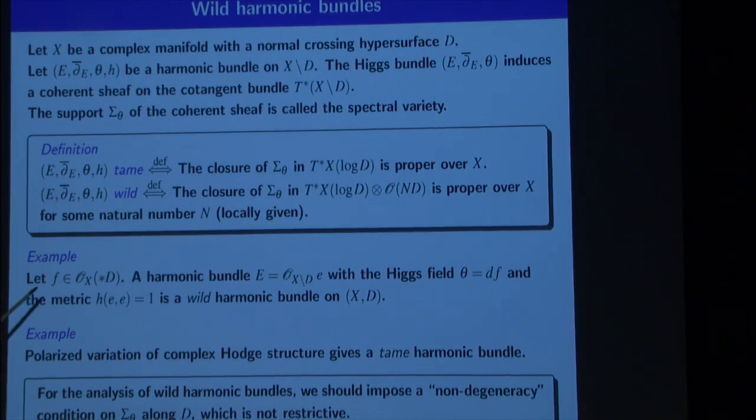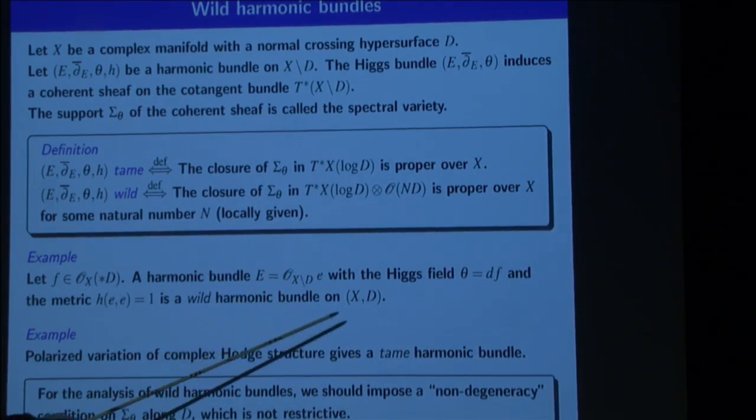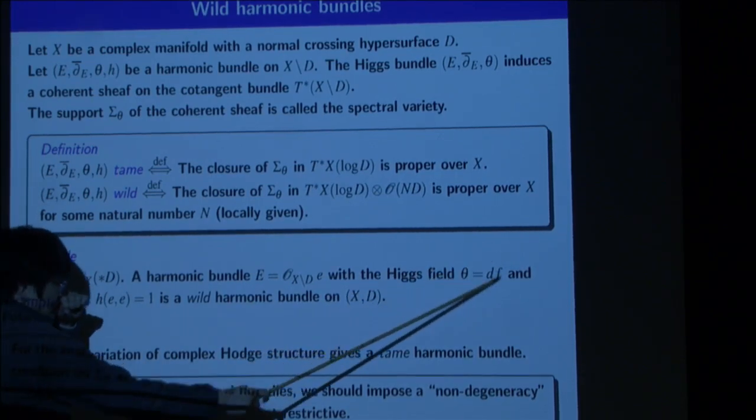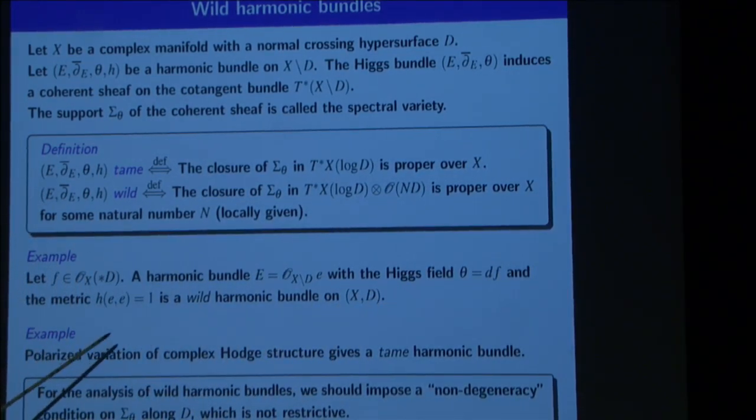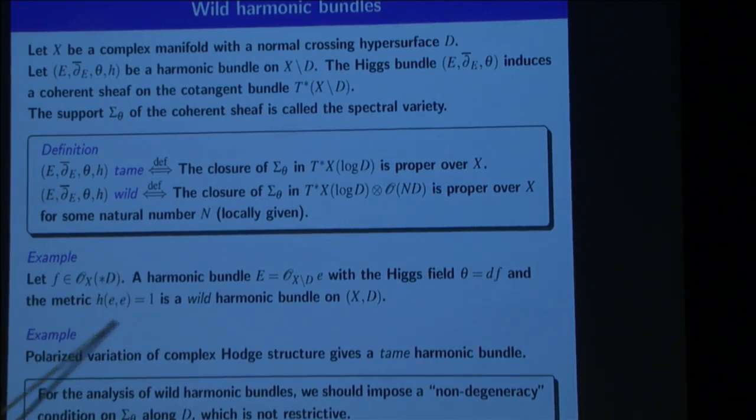So, for instance, if we are given a meromorphic function, then we have the associated wild harmonic bundle, which is a harmonic bundle of rank 1, and it is just the trivial vector bundle, but the Higgs field is given in this way, the differential of f, and the metric is given in this trivial way.